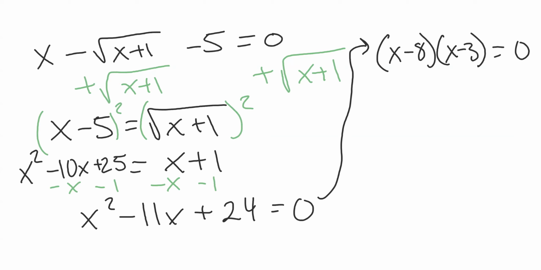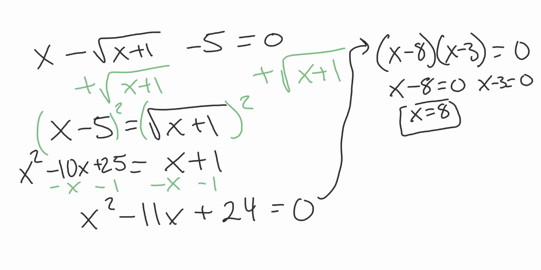And then using our zero factor property, we can say that either x minus 8 equals 0, in which case x will equal 8, or x minus 3 equals 0, in which case x will equal 3. Okay. But remember, we introduced a false solution when we squared a square root.